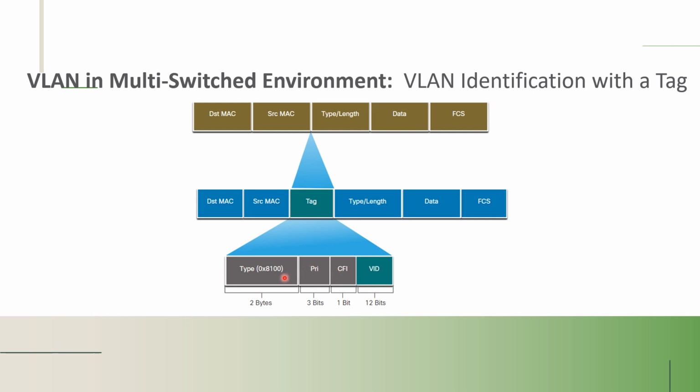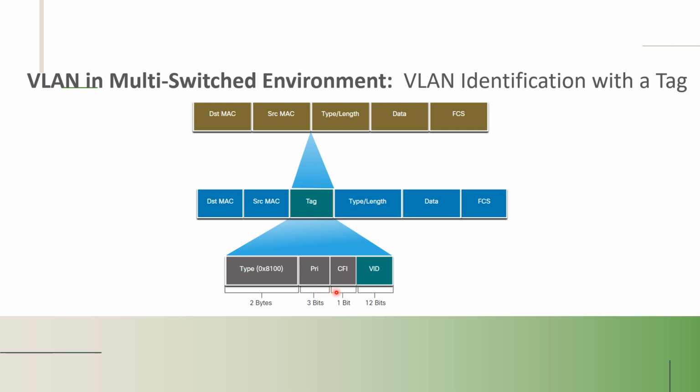At the first field, there is a 2-byte value called the tag protocol ID, and for Ethernet, it is set to hexadecimal 0x8100. We have the user priority, which is a 3-bit value that supports level or service implementation.